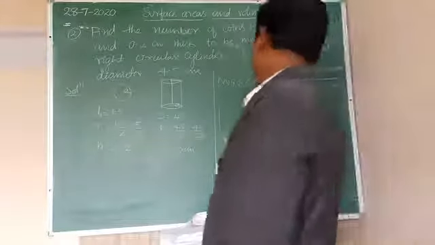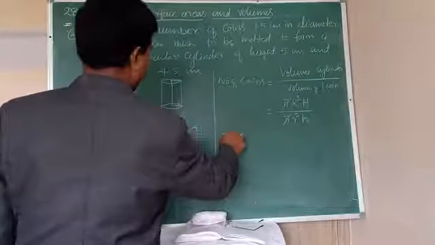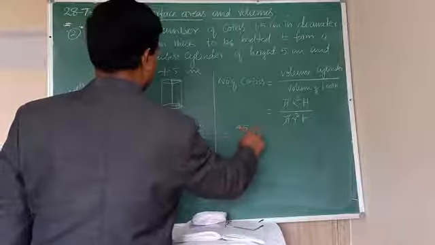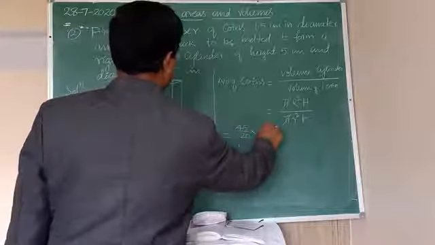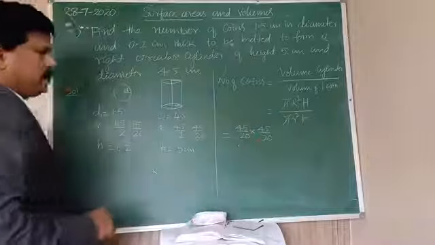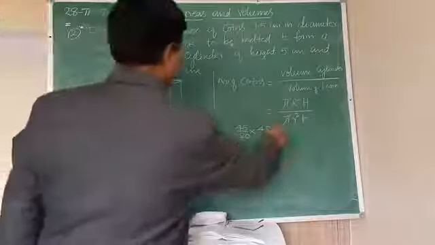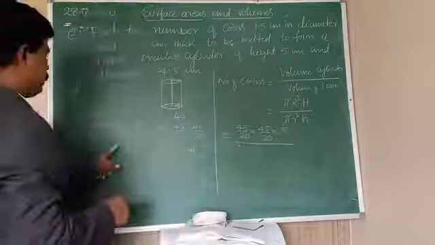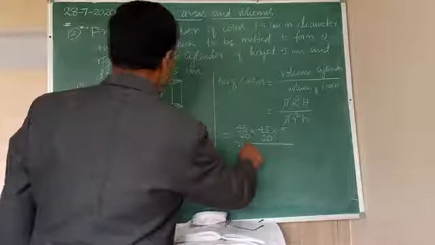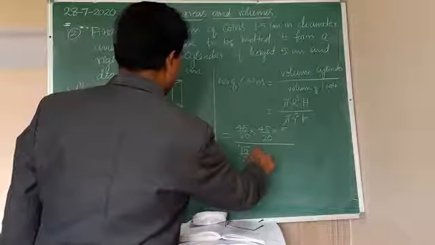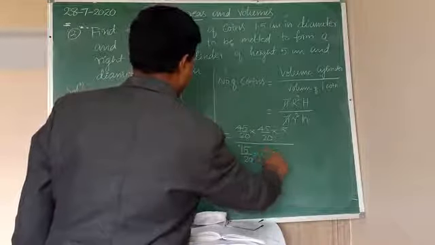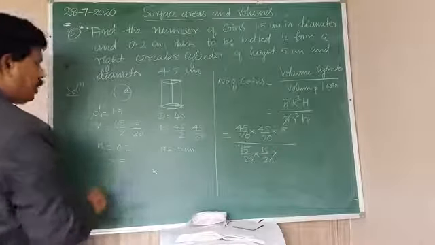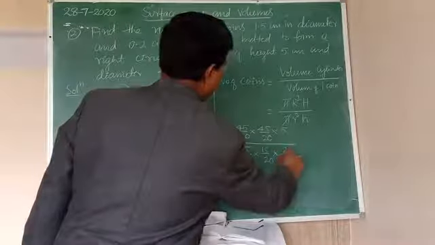Then substitute the value. R square is 45 by 20 into 45 by 20. I have written twice because r square, and h is given by 5, whole divided by, in this r is 15 by 20 into 15 by 20 into, here h you can write this as 2 by 10.